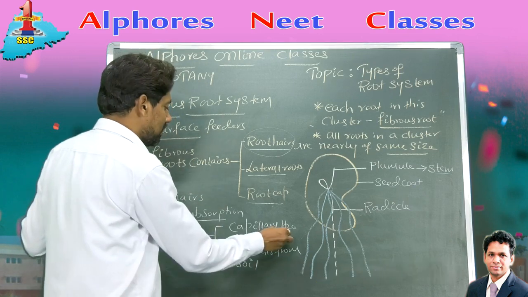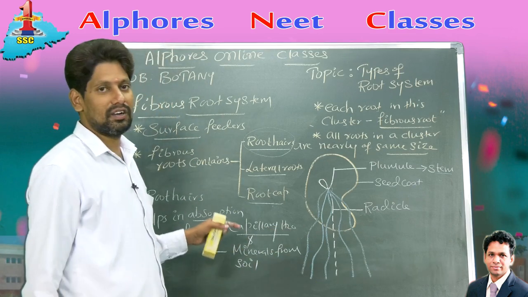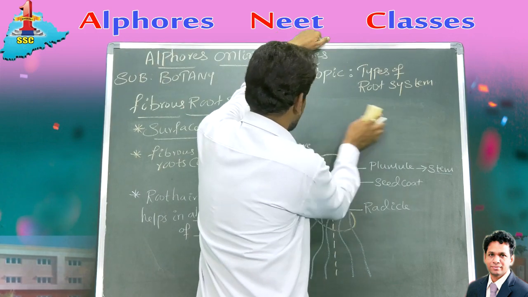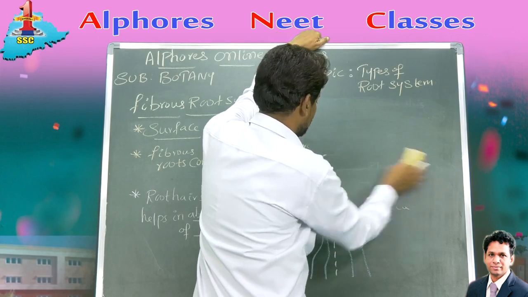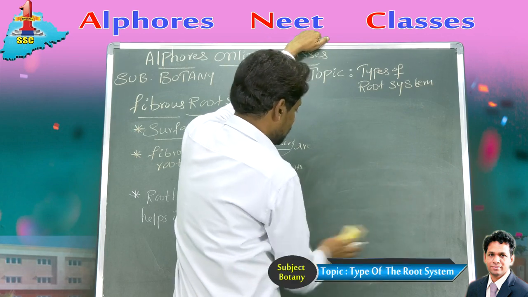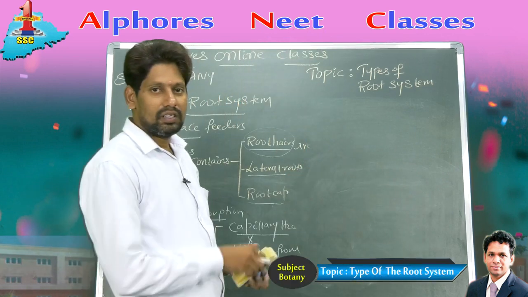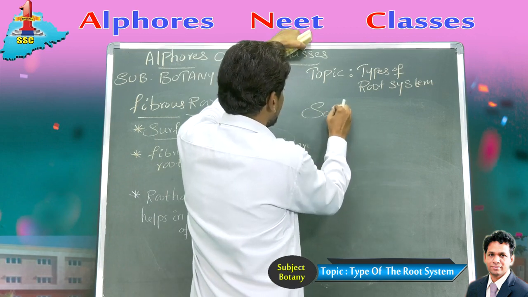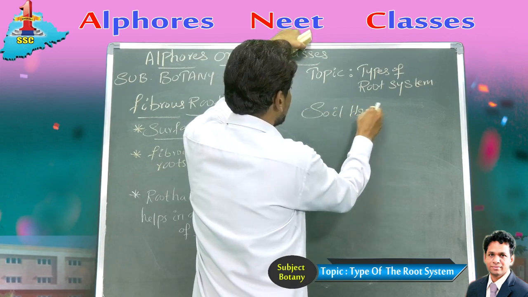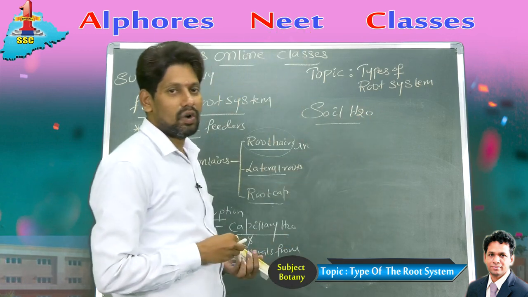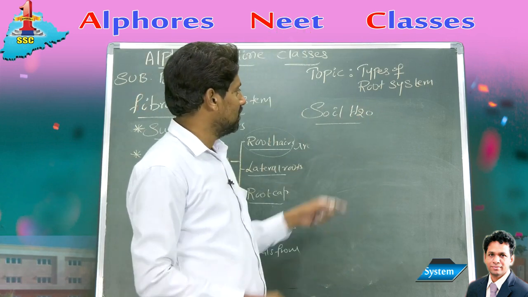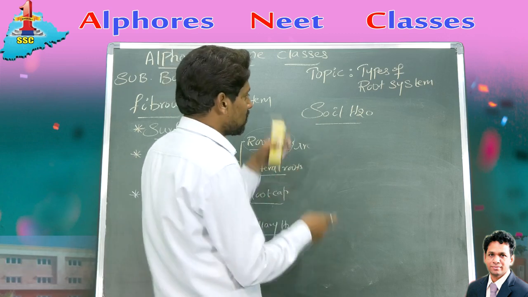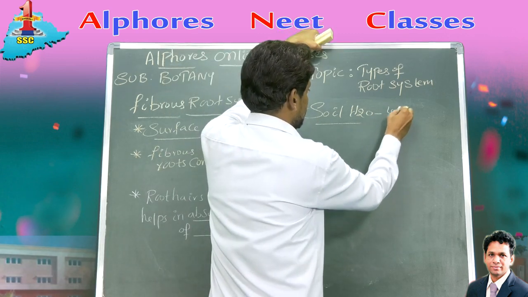What is the meaning of capillary water? Now listen here. Take soil water. Name itself indicates, water present in soil is called soil water. Soil water is of 4 types.